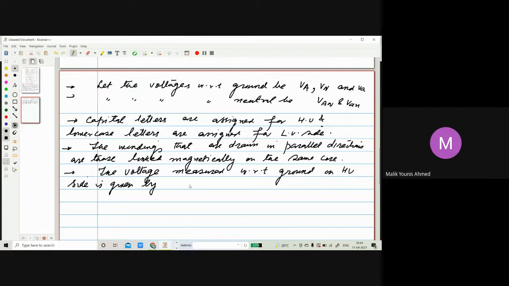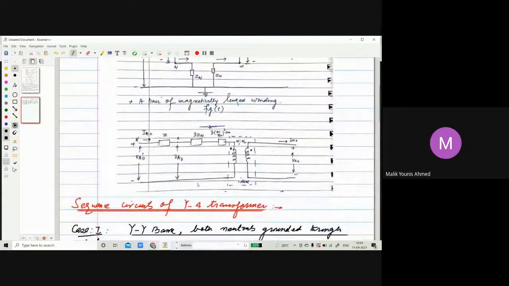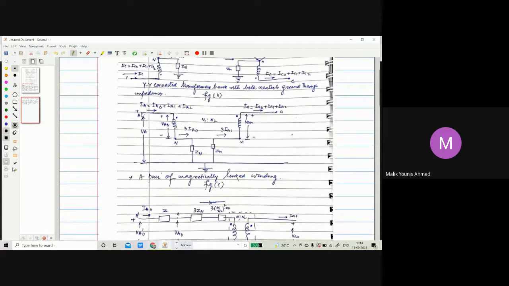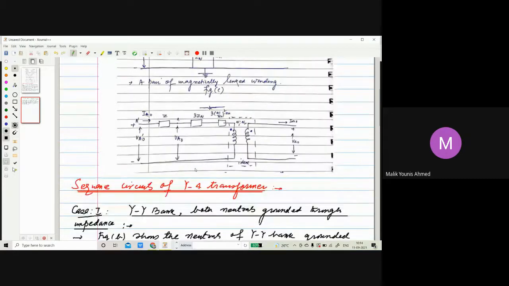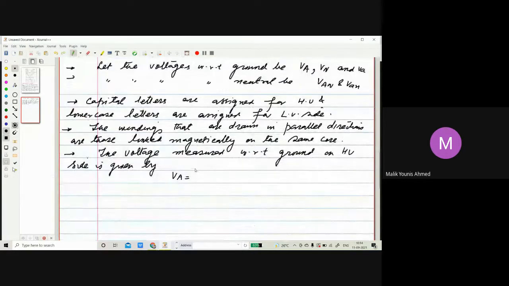So with respect to ground, VA is the complete voltage. You can see VA that we are considering from phase A to the ground. So that will be equal to VAN plus VN, as I already told. So VA, the voltage measured with respect to ground on the HV side, will be equal to VAN plus VN. That is equation number 1.